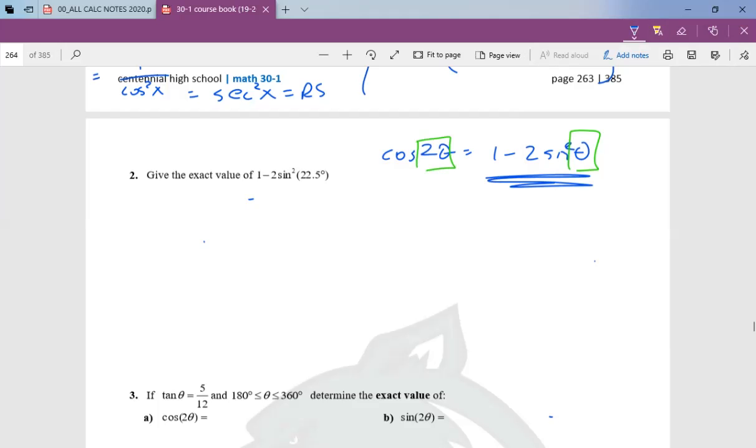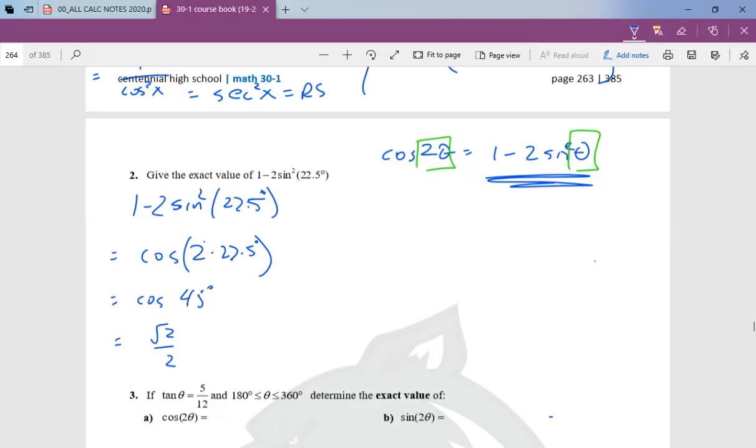And so 1 minus 2 sine squared of 22.5 degrees is equal to cosine of 2 times 22.5 degrees. So we're just making use of this formula, but we're going backwards. We're going the other way with this compared to what we were doing before. And if that's the case, this is equal to cosine of 45 degrees, which is root 2 over 2.